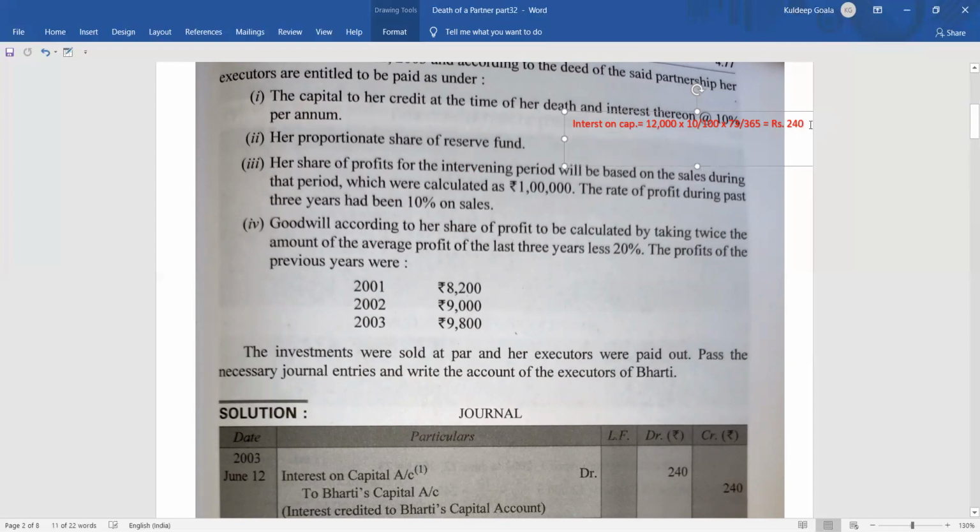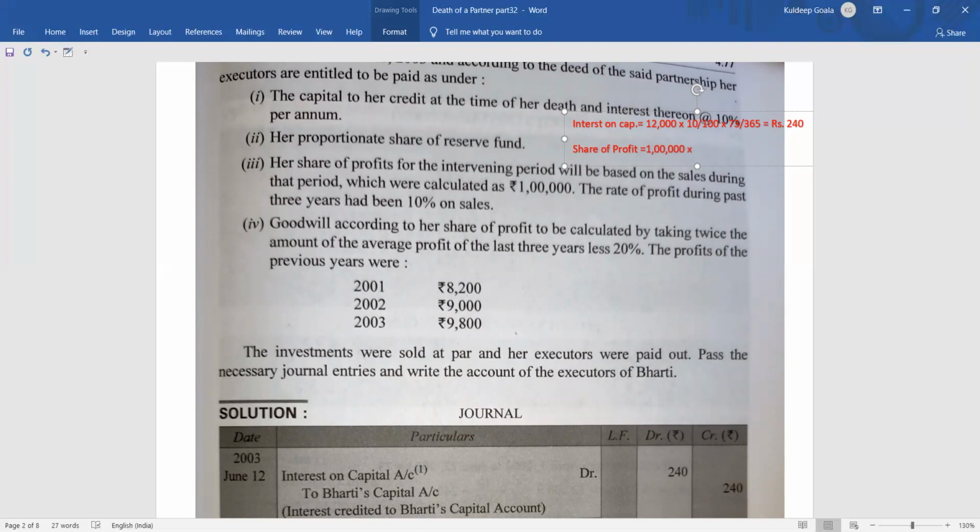In case of share of profit, how much will it be? It is told that 10% is the profit on sales, and 1 lakh is the sales. It is told the sale of that duration, 73 days, is 1 lakh. So no need to find it out again in days, as the 73 is already 73 days.